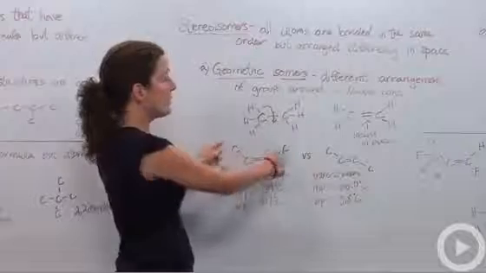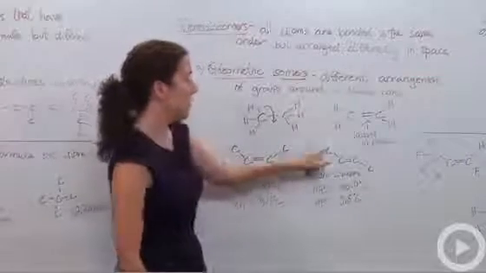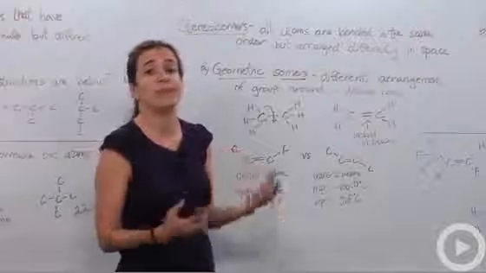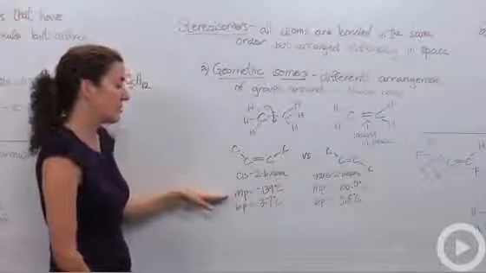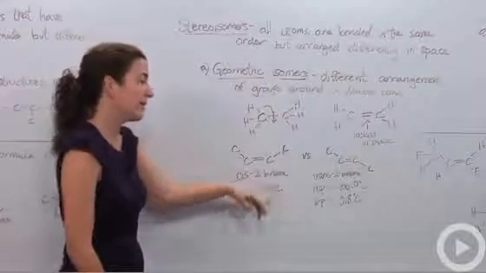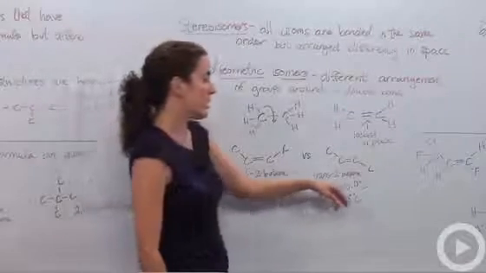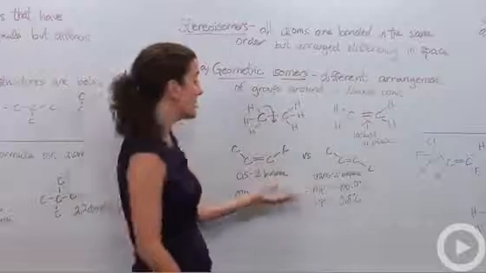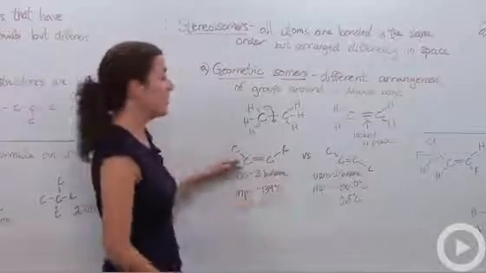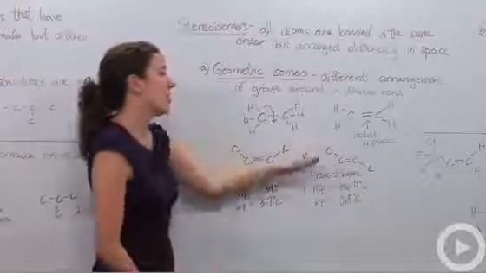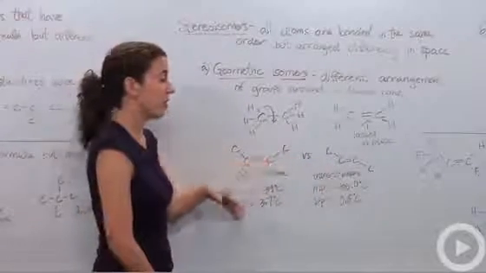So if they're going in the same direction, we call that cis. If they're going in the opposite direction, we call that trans. And that makes a huge difference. Notice the melting point of this guy is negative 139 degrees Celsius, where this guy's melting point is negative 106, which is a huge difference. So not only are their physical properties very different, their chemical properties are very different too. These guys are what we call geometric isomers of each other.